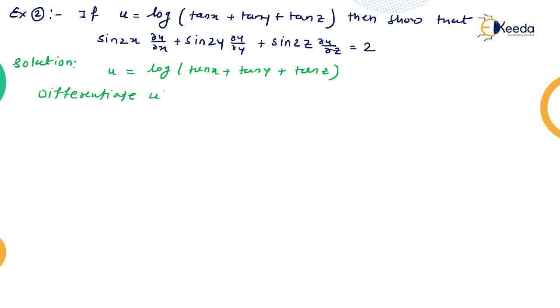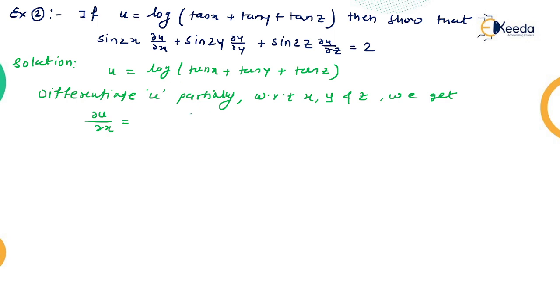Differentiate u partially with respect to x, y and z. So we get, first, differentiation of u with respect to x, that is ∂u/∂x.